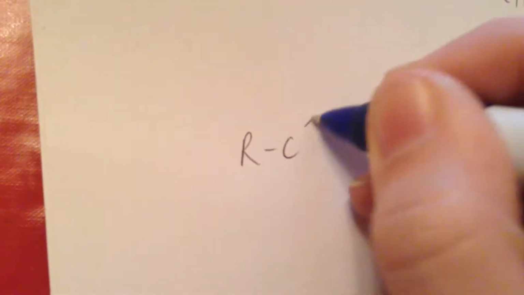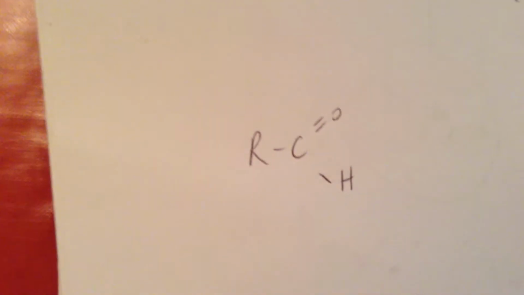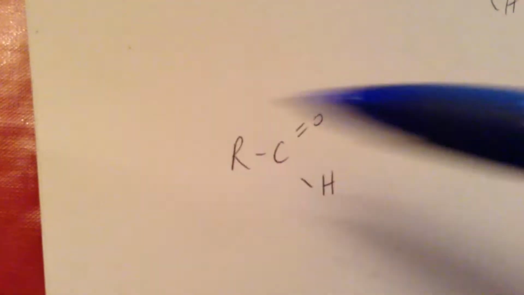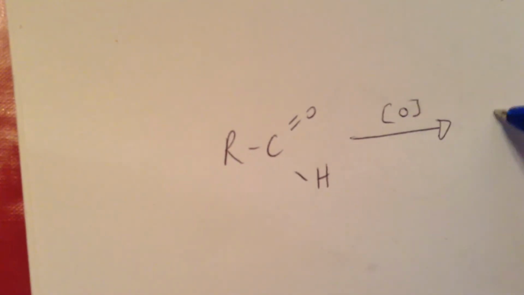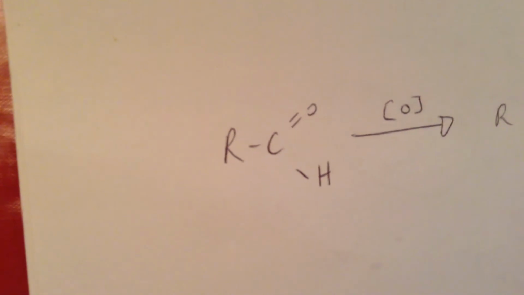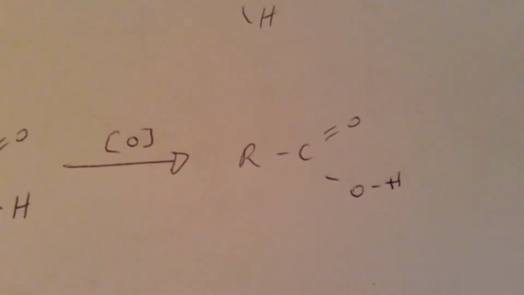And the oxidation reaction goes in the following way. If you have got an aldehyde, remember you've made it already from a primary alcohol, you should be able to oxidize it, and in doing so you'll make a carboxylic acid, okay?